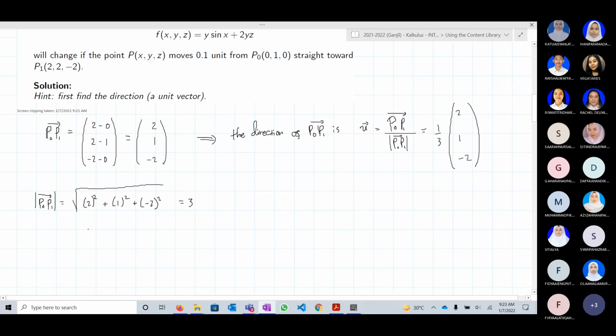So now we still need one more ingredient, which is grad of f.